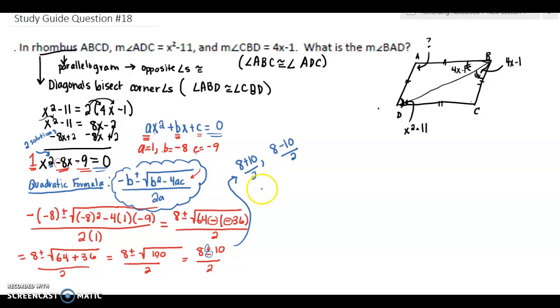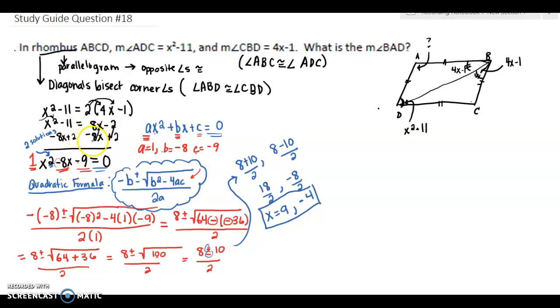Well, 8 plus 10 over 2 is 18 over 2, and 8 minus 10 over 2 would be negative 8 over 2. So with 18 over 2, I'd have x equals 9, or x equals negative 8 over 2, which is negative 4. So here are my two solutions for my one quadratic problem.